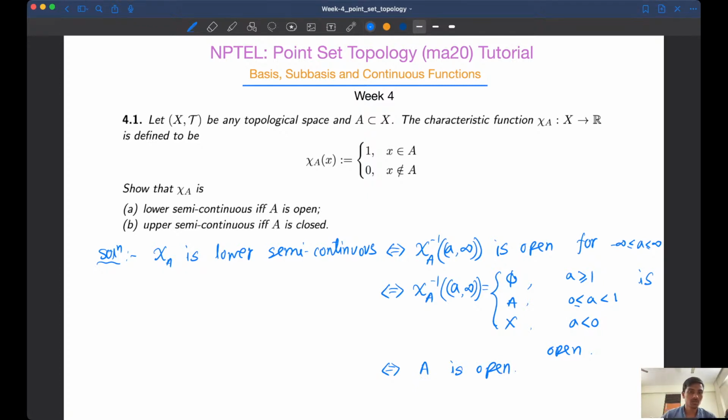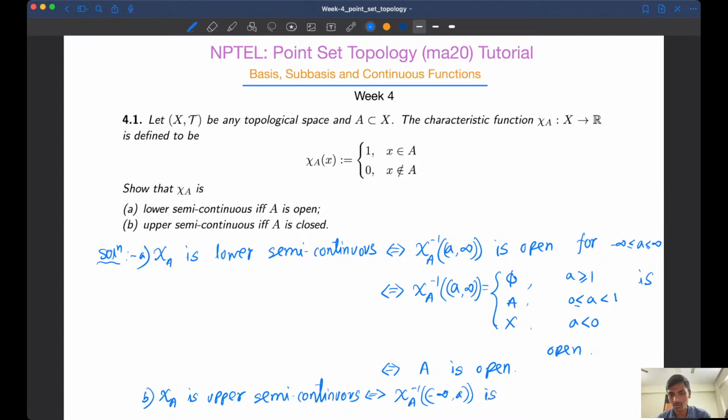Okay, so similarly for upper semi-continuous, so that is part A. For part B, again chi is upper semi-continuous if and only if chi inverse of (minus infinity, a) is open.